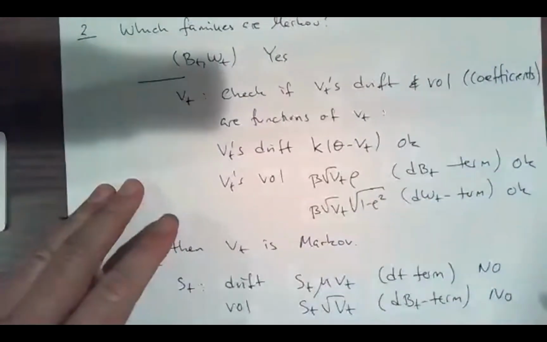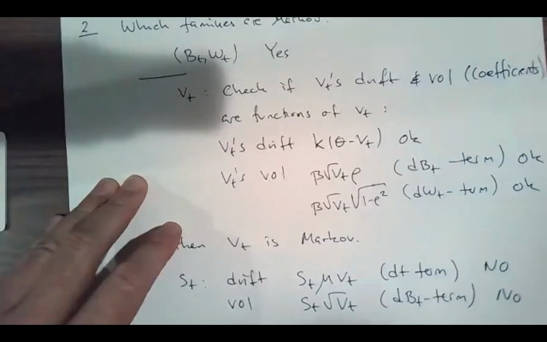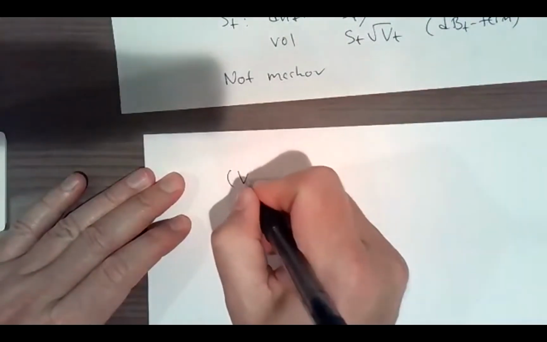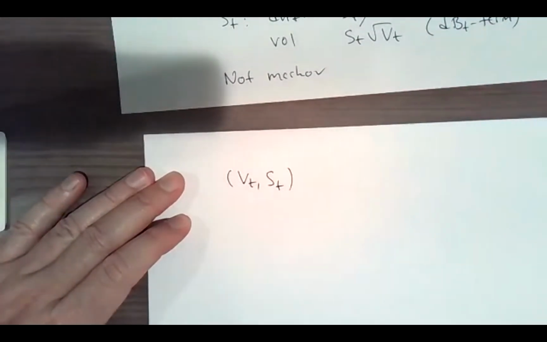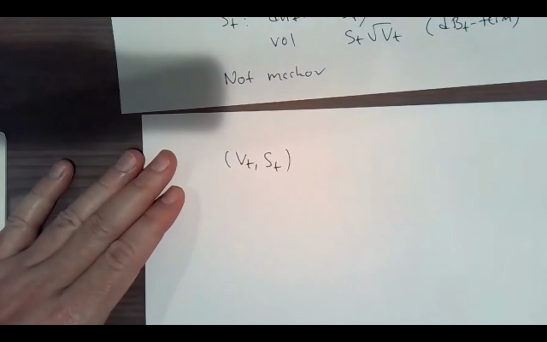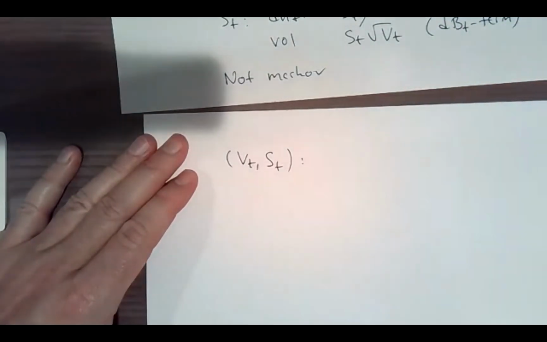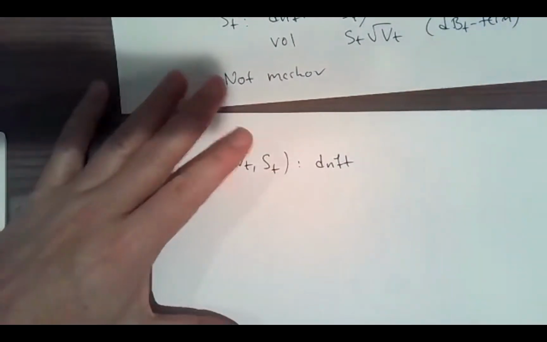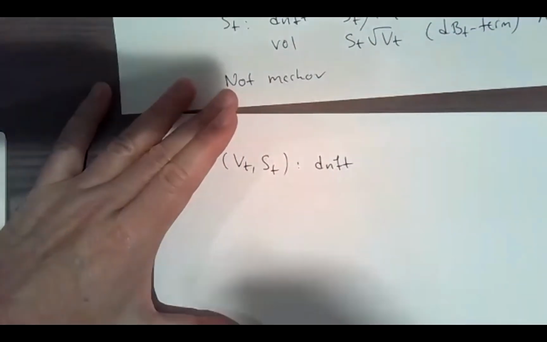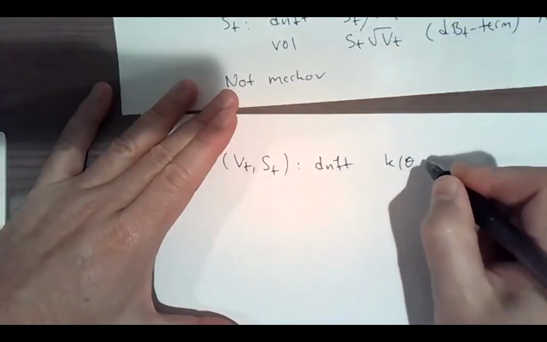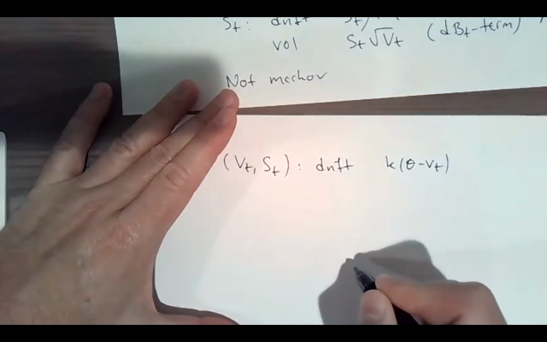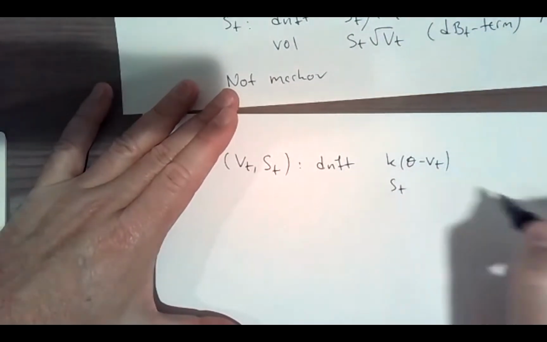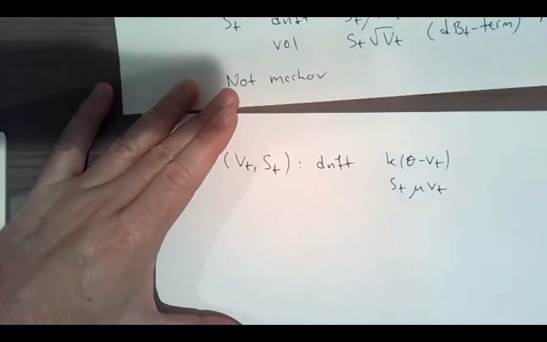So if I wanted this Markov property, and this is the last question, it says, what if I paired it up? So I looked at VT and ST. Well, then I would have drift. The drift would be kappa theta minus VT, and then the other one would be ST mu VT.